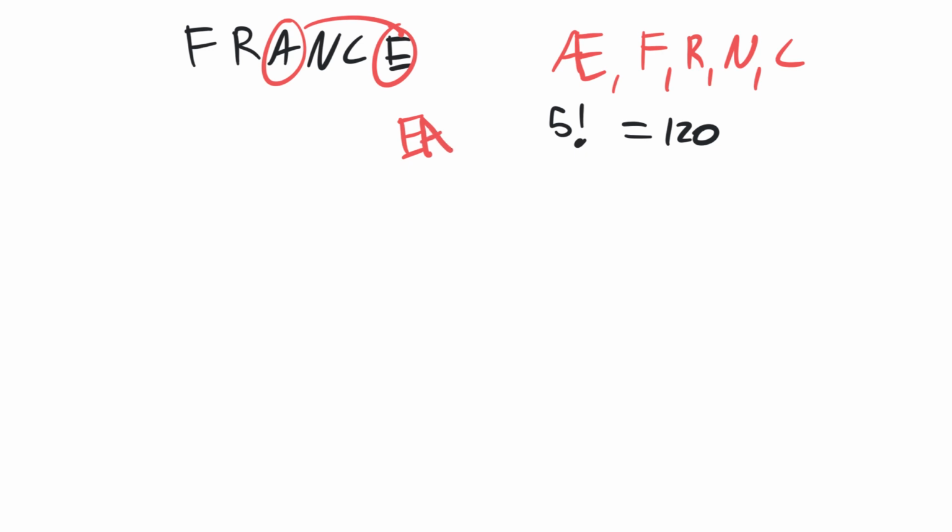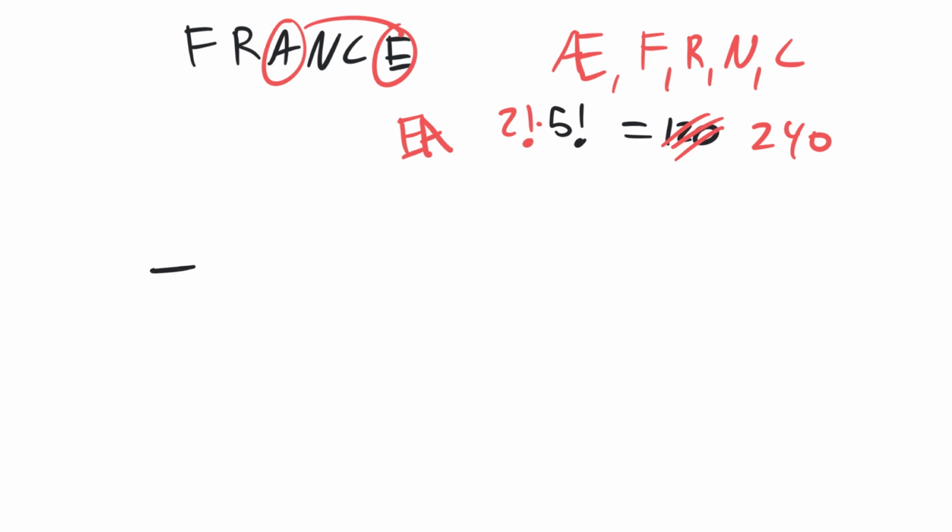And so there's actually 2 ways to glue it together, because if you have 2 letters and you're figuring out the ways to glue them together, the ways you could arrange 2 letters, that's going to be 2 factorial. So 2 factorial, which is just 2, times 5 factorial is going to give us 240. All right, there's our answer.